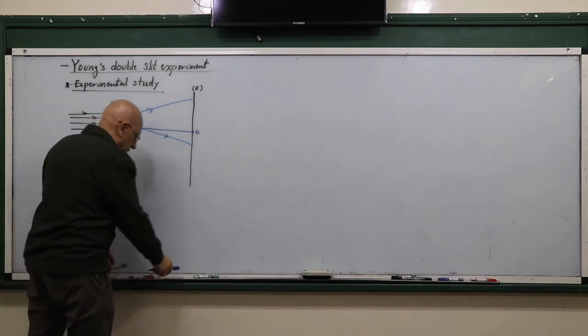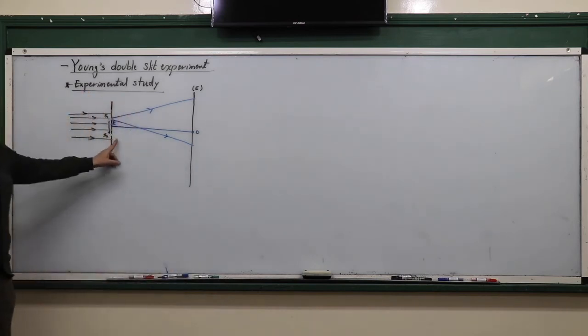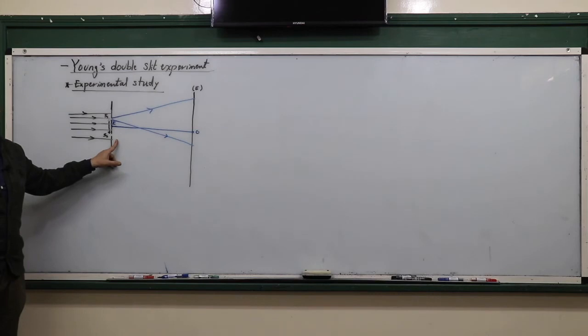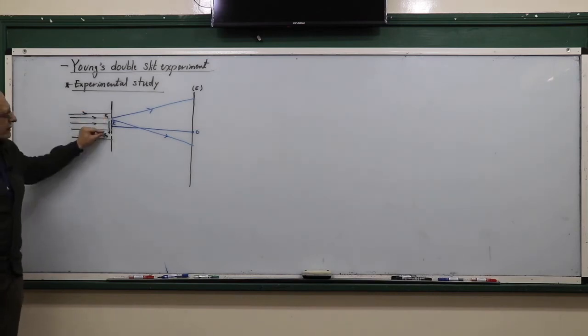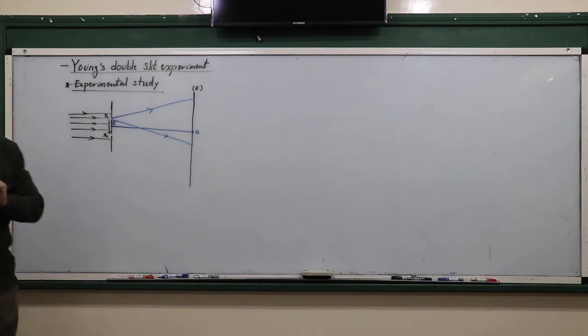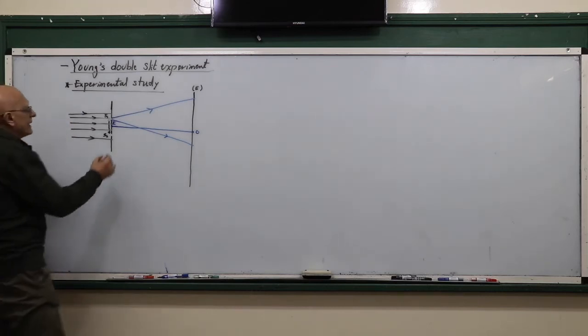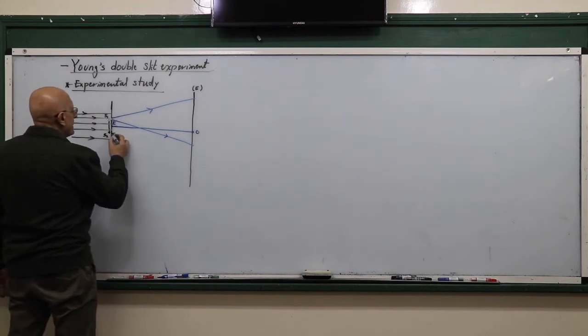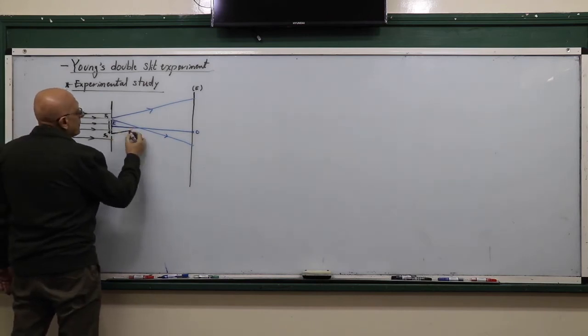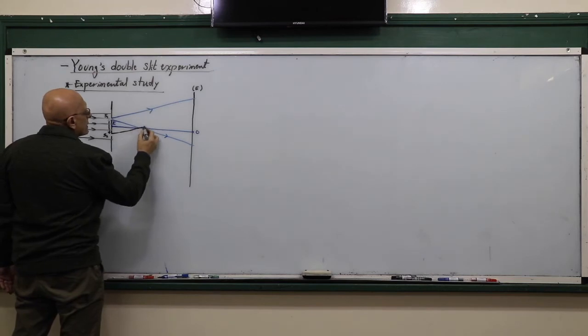Now, also at S2 there will be diffraction, okay? If S1 had the same size as S2, the same diffraction that happens at S1 will happen at S2, and you will get here a ray parallel to this one.